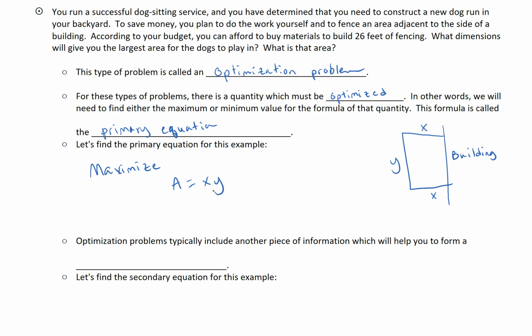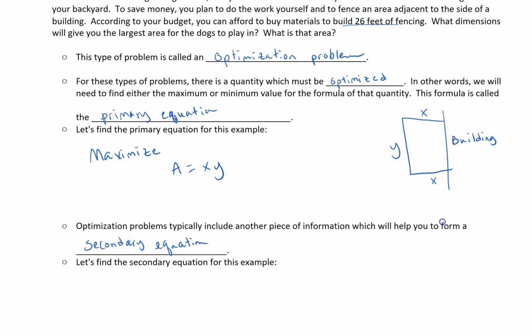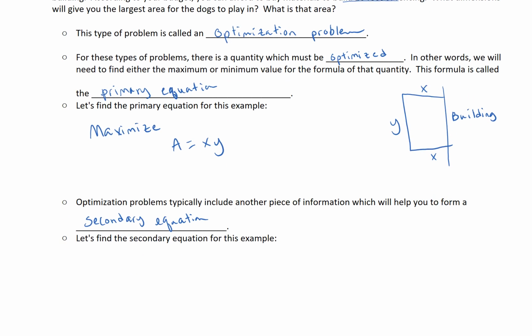Now, optimization problems typically include another piece of information which is going to help you form what we call a secondary equation. So if we want to find the secondary equation for this problem, we look back to the word problem and see what's limiting us. Well, in this case, what's limiting us is the amount of fencing that we can build. It says we can afford to buy materials to build 26 feet of fencing. So I've got three sides which have to be equal to 26.